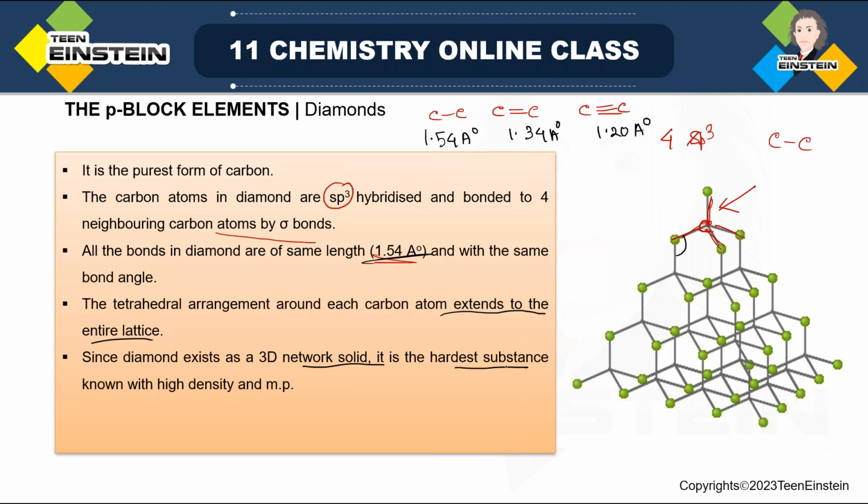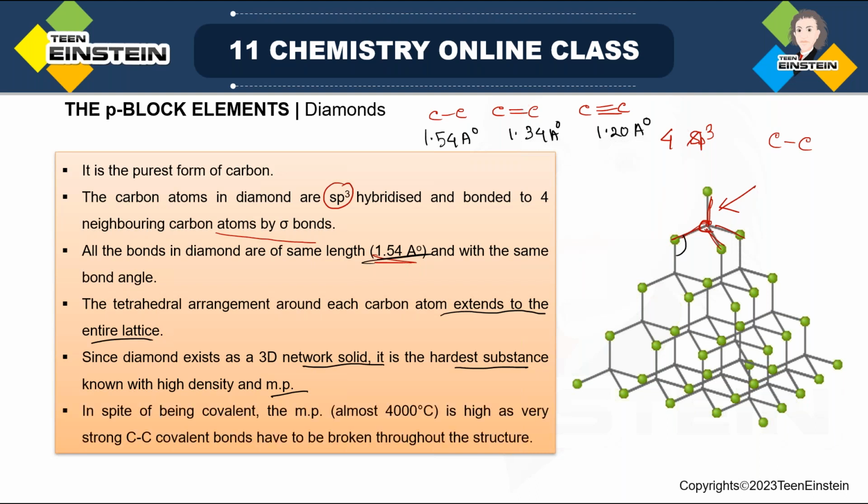Its melting point is also very high because of this type of network structure, because you have to break many CC bonds if you want to convert it from solid to liquid. So the melting point is high, around 4000 degrees centigrade. Now, though it is a covalent compound, still the melting point is very high. This is the unusual combination.